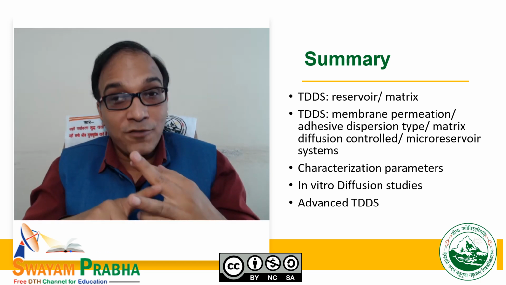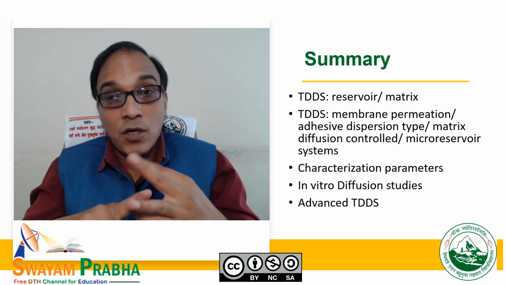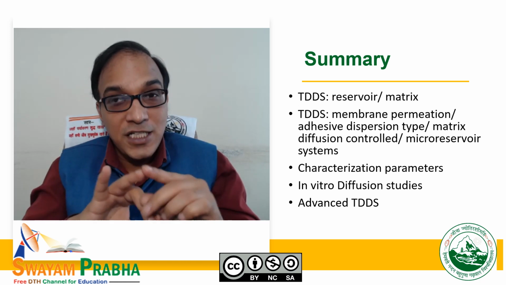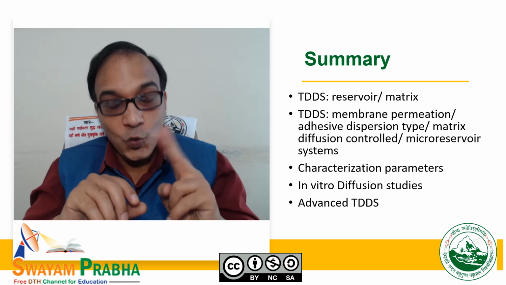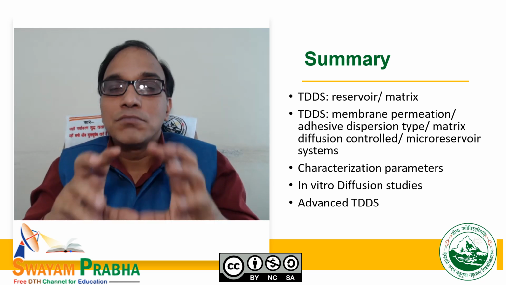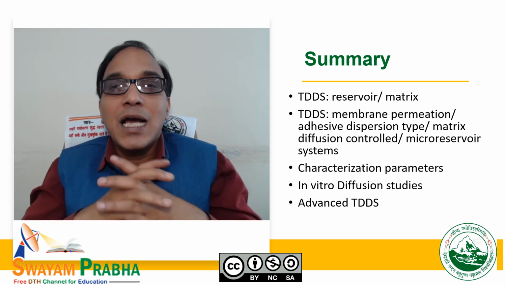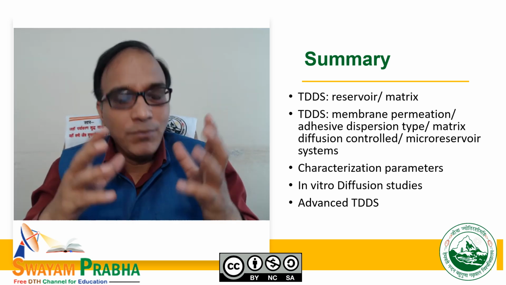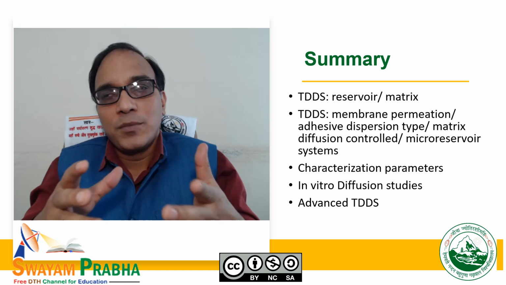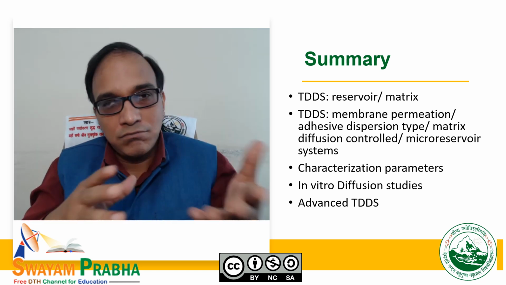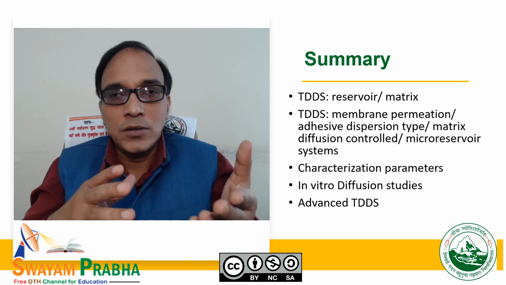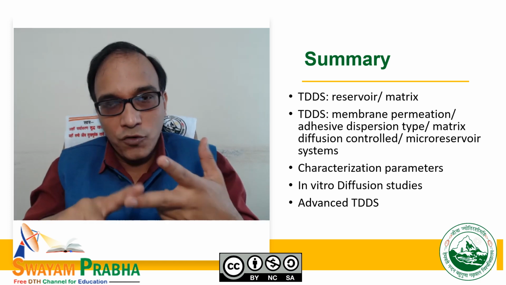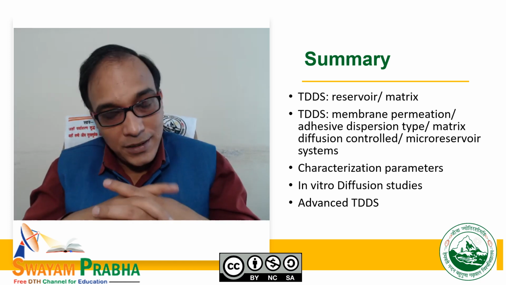Among the vertical, Franz and Keshary-Chien, and Valia-Chien in horizontal; and so on. So remember the comparative parameters which we have discussed along with their diagrams of diffusion cells. Apart from that, in vivo studies can be done, and other than these parameters, thickness, surface morphology, folding endurance and moisture content can also be measured as characterization.